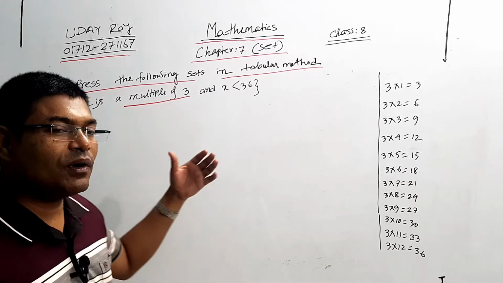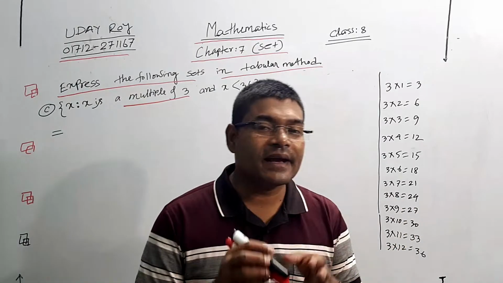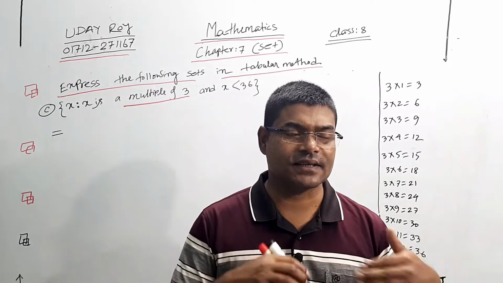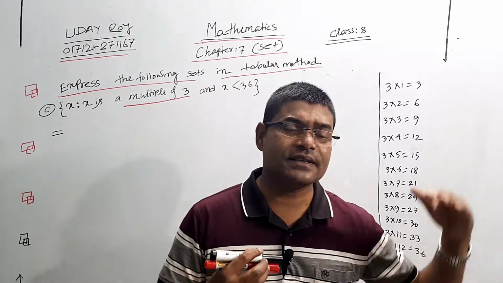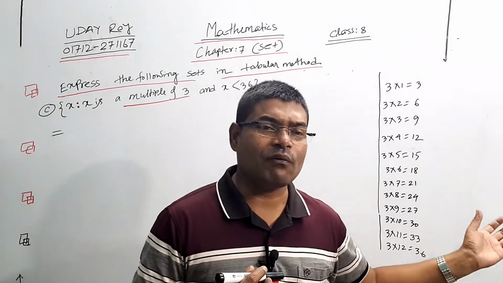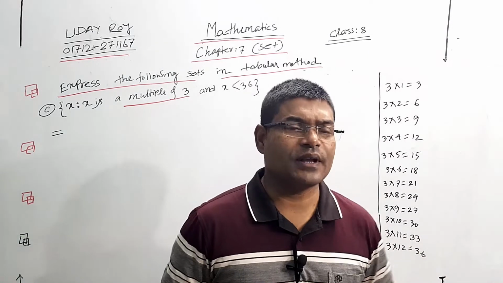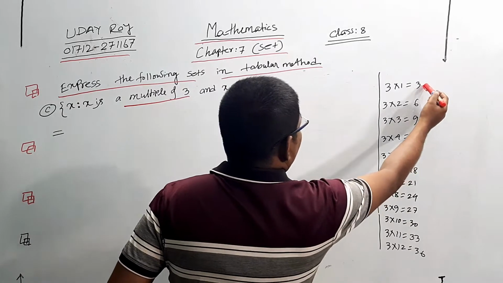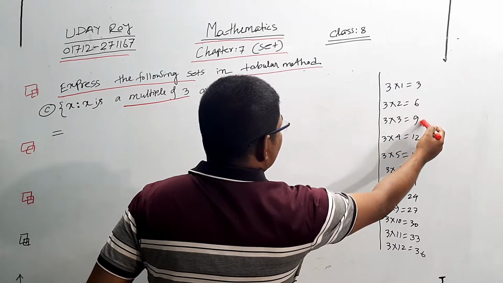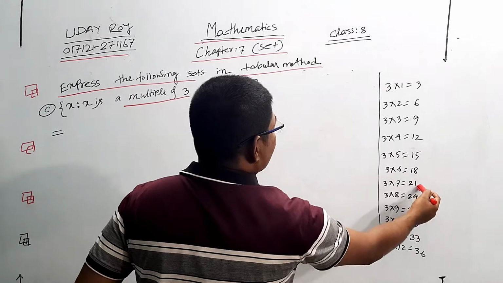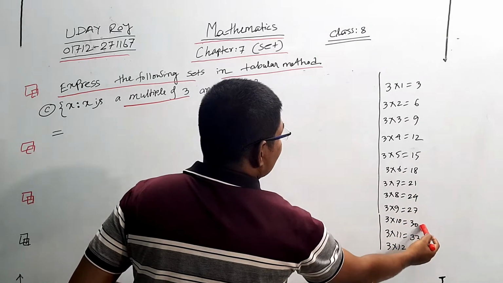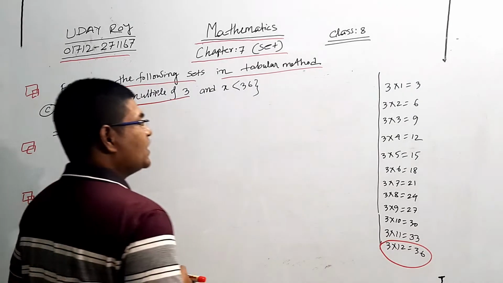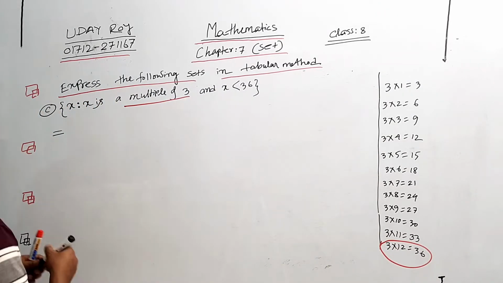x is a multiple of 3 and x is less than 36. So at first you have to write the table in your rough work, then we can easily solve the maths. So you have to write now. The acceptable values are 3, 6, 9, 12, 15, 18, 21, 24, 27, 30, 33, but 36 is not acceptable according to the question.